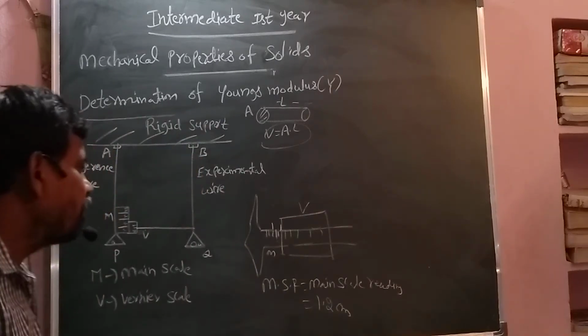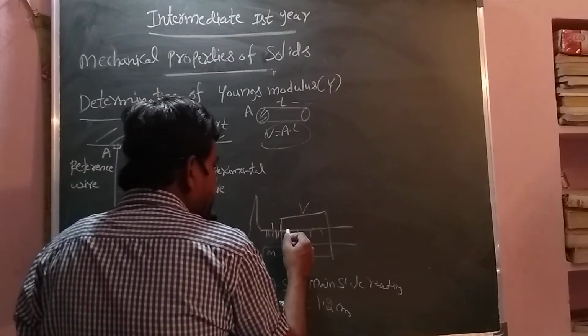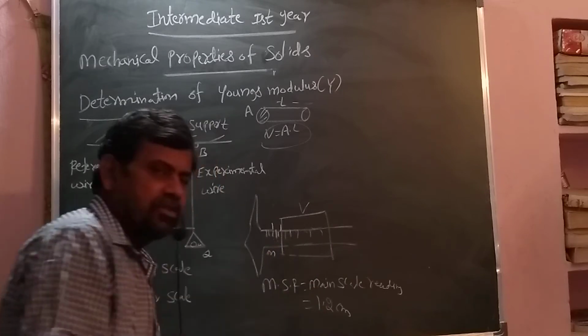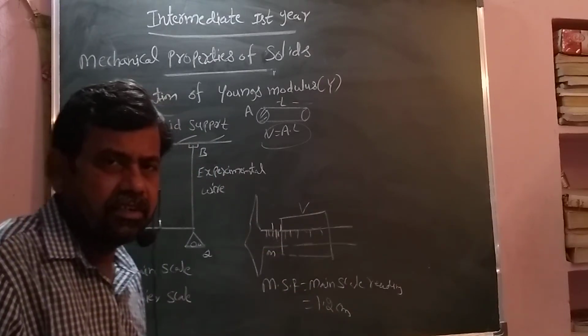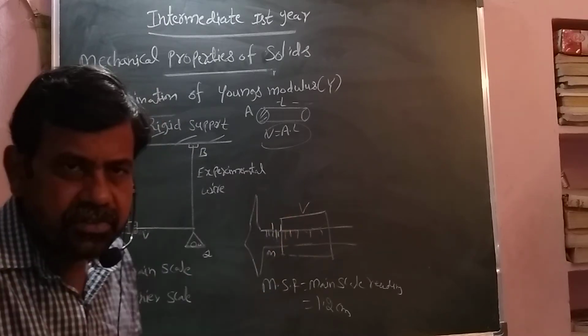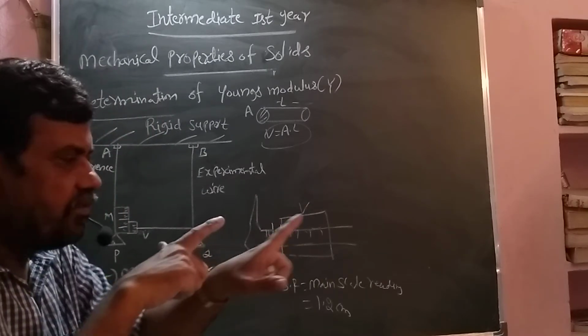After that, the main scale divisions. The main scale is just a general scale. The vernier scale has only 10 divisions. In these 10 divisions, which division perfectly coincides with the main scale?